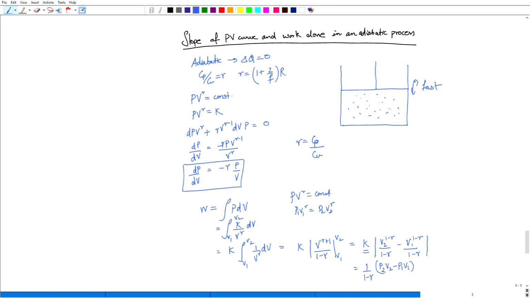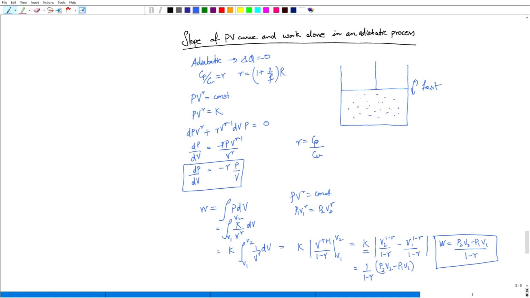So I hope it is clear. Work done in an adiabatic process is P2 V2 minus P1 V1 divided by 1 minus gamma. So whatever the change in energy is going to the work, and work is calculated. We are calculating work like this.